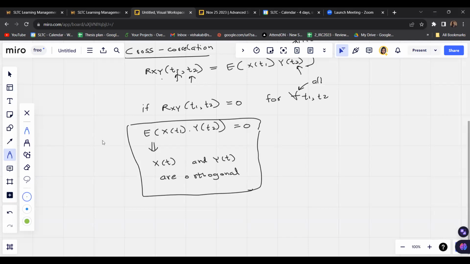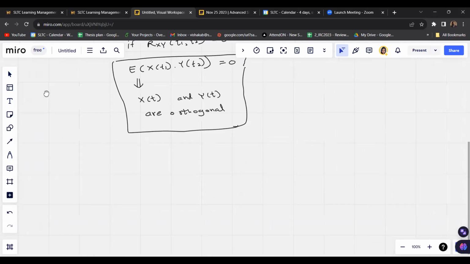In the last class, we discussed different random processes, up to uncorrelated random processes, and here the orthogonal random processes and their definition. This is another type of random process. I will discuss this orthogonal random process again.